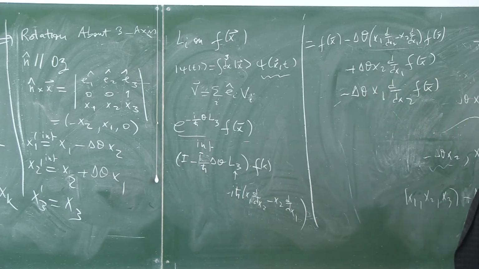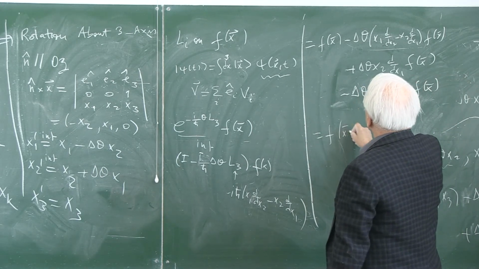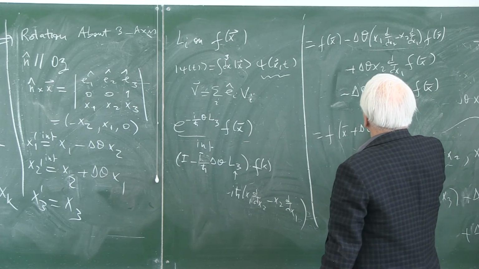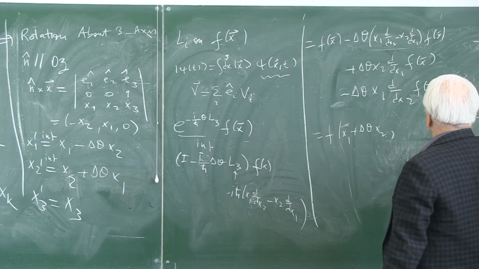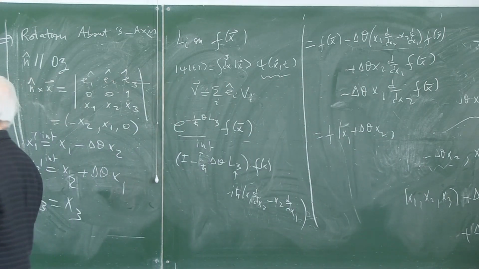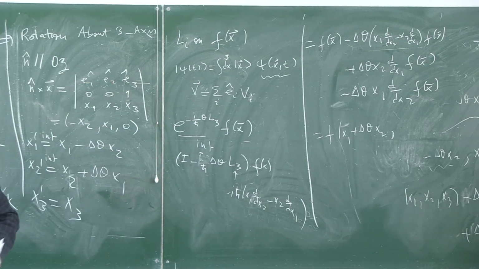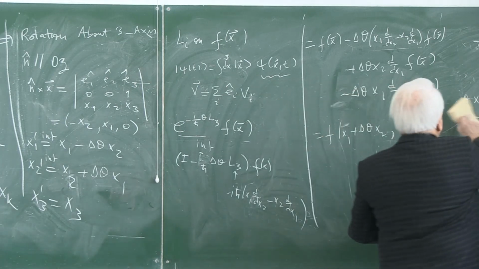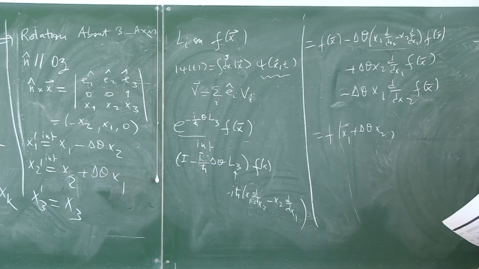Now, what do we recognize? We recognize that this is like f of x1 plus delta theta x2, x2 minus delta theta x1, x3. There is a seeming paradox in here. I invite you to think of it in terms of the passive and active.